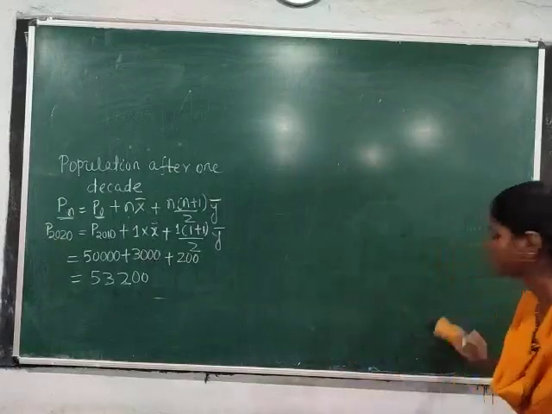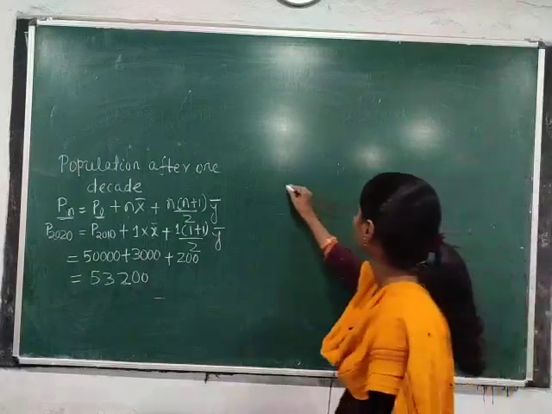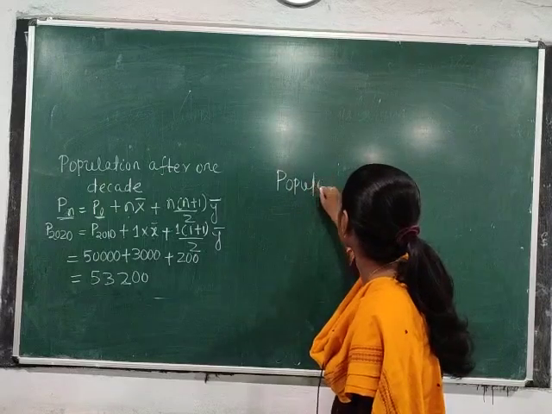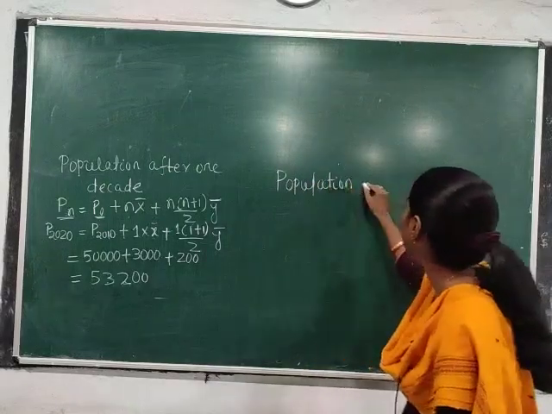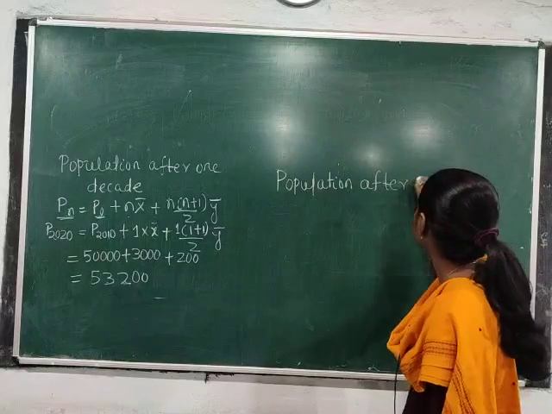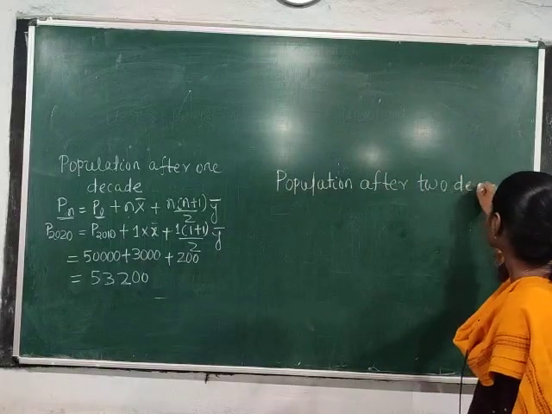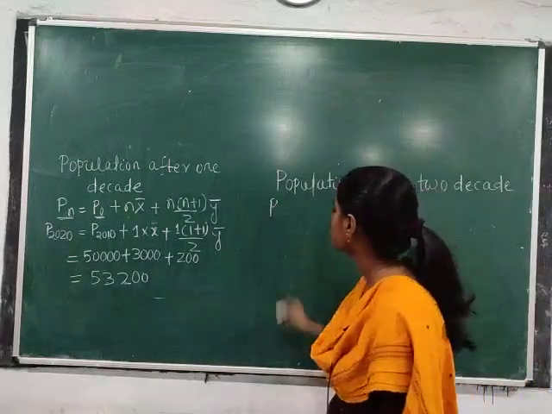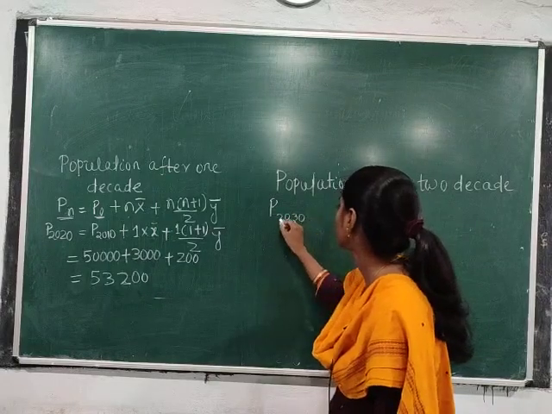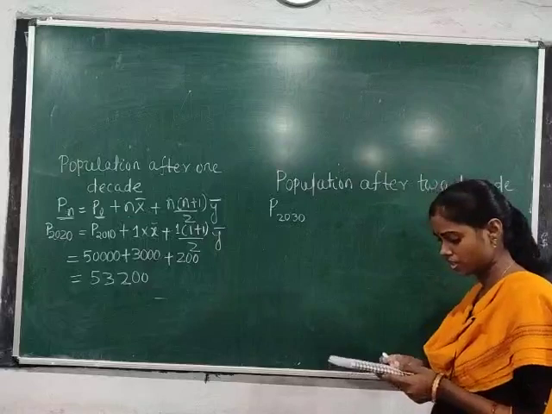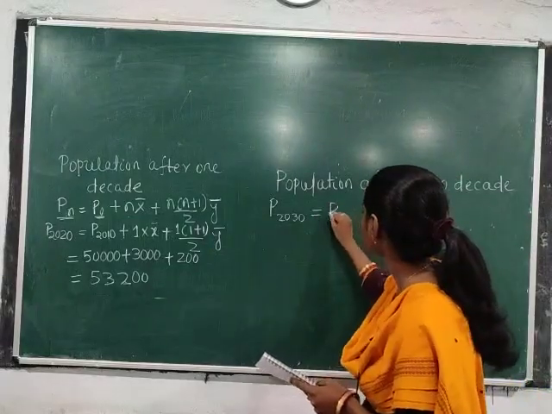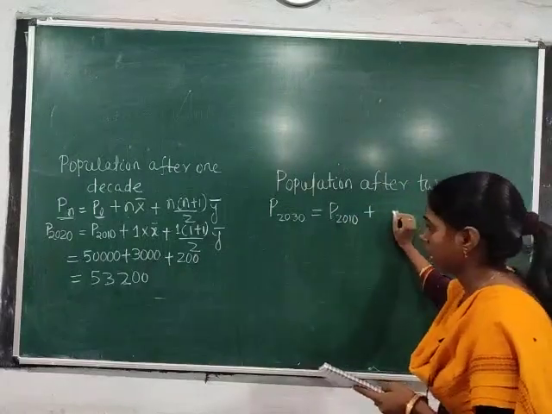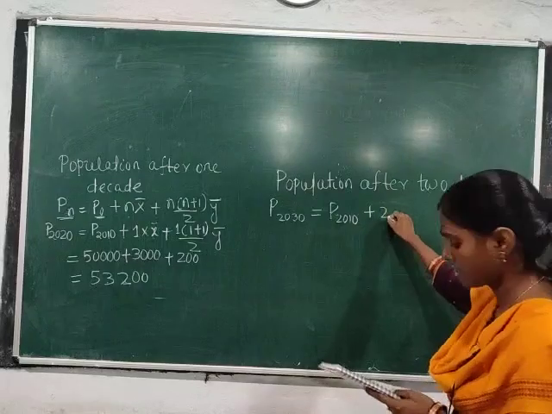Then similarly, we can calculate the population after 2 decades. Population after 2 decades means P2030. P2030 is equal to P0, which is 2010, plus n will become 2 here.